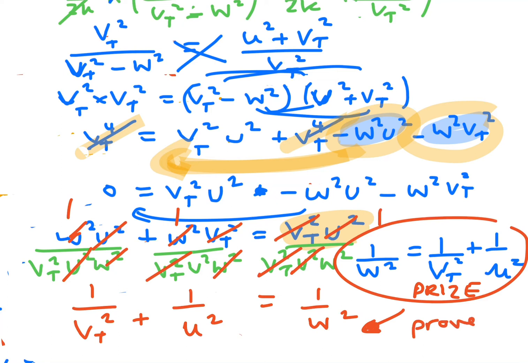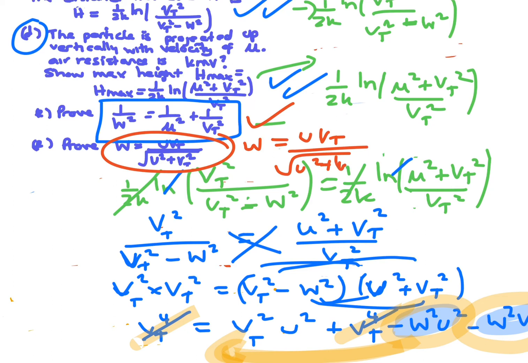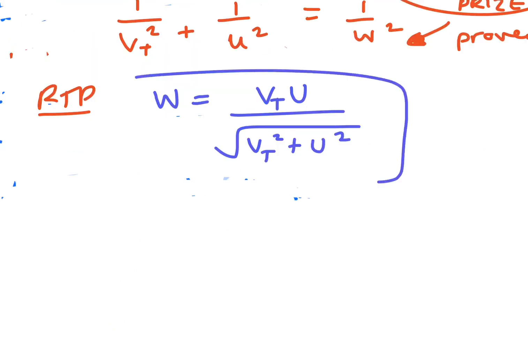So it's actually proven. Now the very last part, so that part's done, we have to say w equals u vt over the square root of u squared plus vt squared. And the last part is just to prove this, okay?